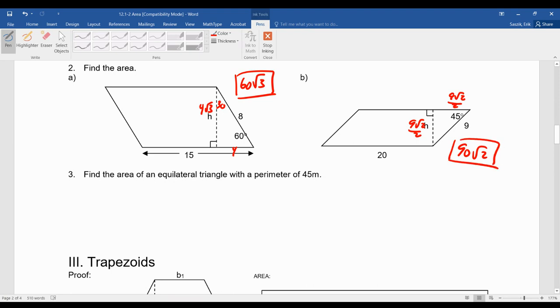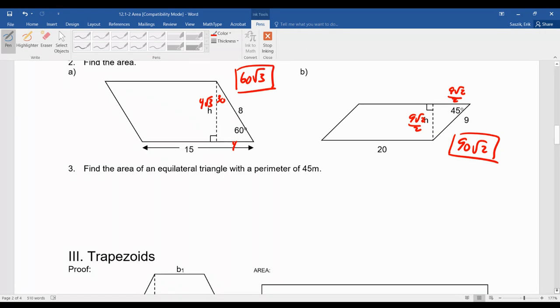For the area. Now, equilateral triangle with a perimeter of 45. So we're going to do this the kind of more traditional way, and then we're going to derive a formula here in just a moment to use for equilateral triangles. The first time most people do this, like we did in the previous page, we drop in an altitude.